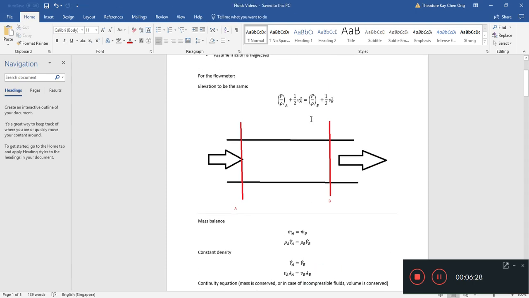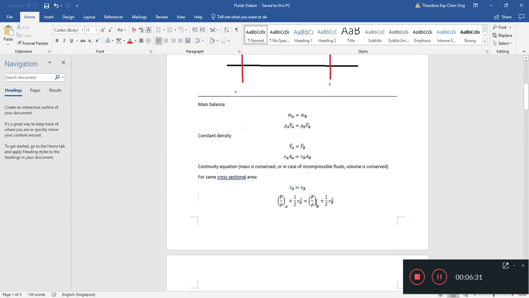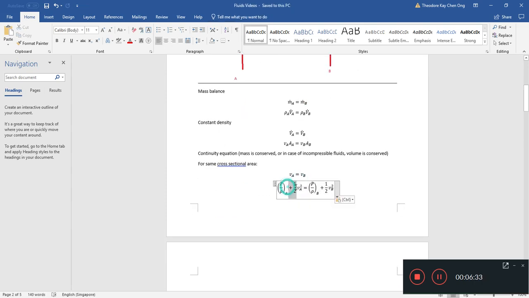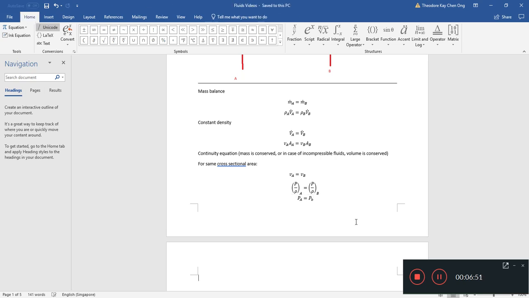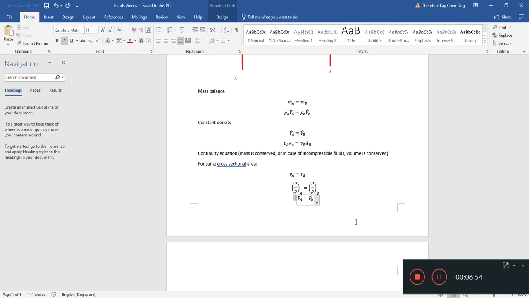VA equals VB, and if VA equals VB, we can easily conclude that the pressure divided by the density at A equals the pressure divided by the density at B, and for constant density we just get PA equals PB. It's not very interesting, but why did we go through all that trouble just to find something so intuitive and common sense? And how exactly are we supposed to measure flow rate?